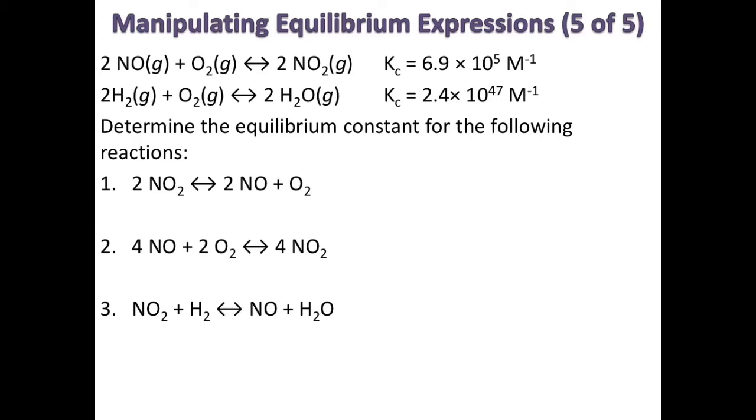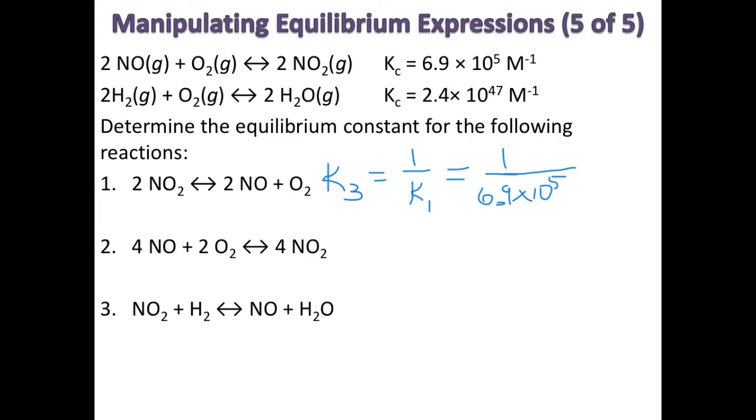Well, if we look above, it is simply reaction 1 in reverse. Being reaction 1 in reverse, the value, we'll call this K3, equals 1 over K1, which is 1 over 6.9 times 10 to the 5th. I'll let you do the calculating on that one.